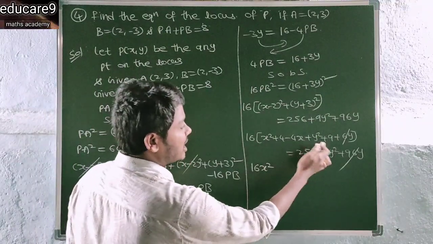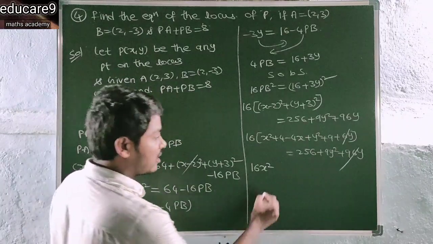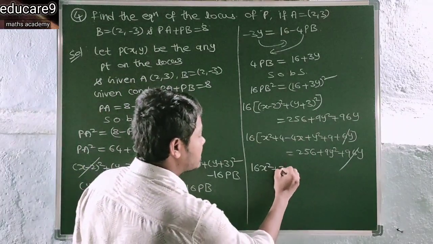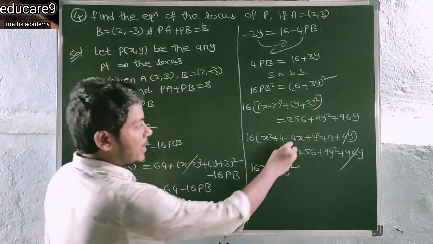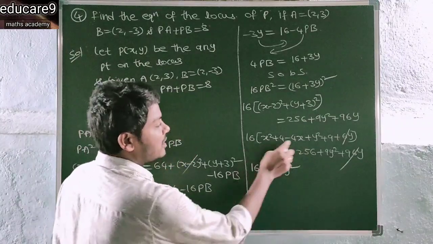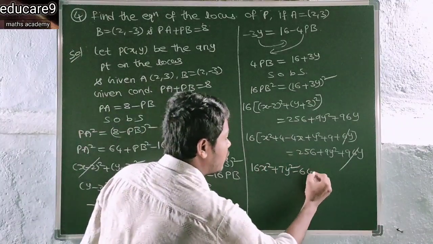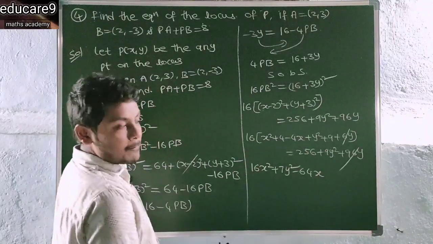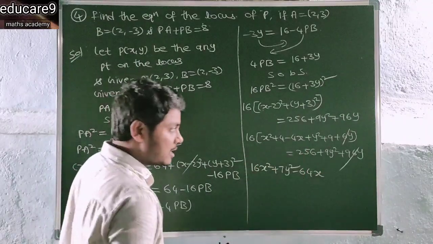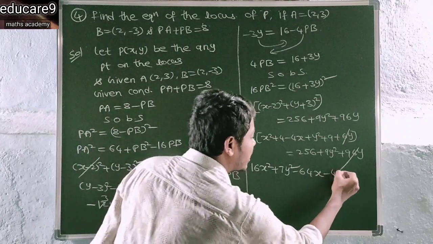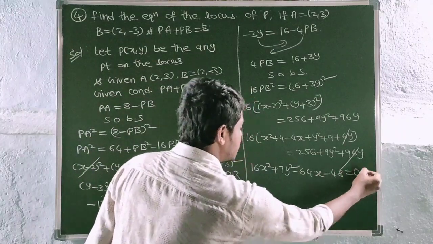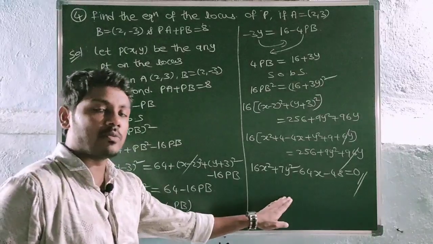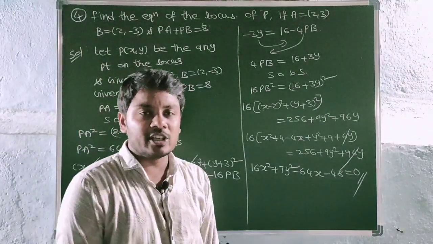Here 16y square minus 9y square, that is plus 7y square. Now minus, see here 16 into 4, minus 64x. This is 16 into 13 minus 256. So clearly this is minus 48 is equal to 0. So this is the required locus of P. So for the next session we will discuss a new chapter.